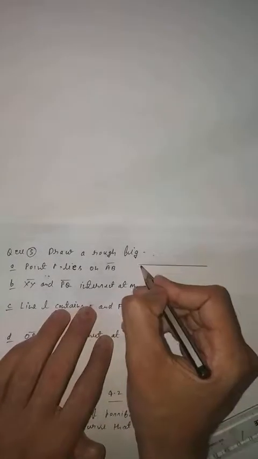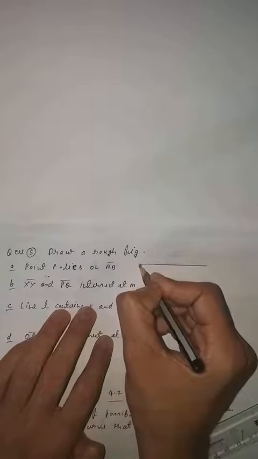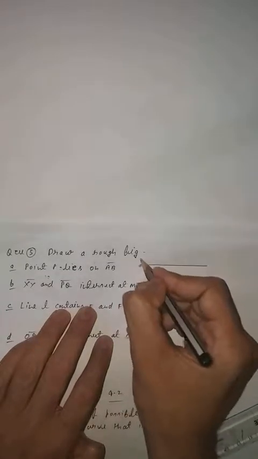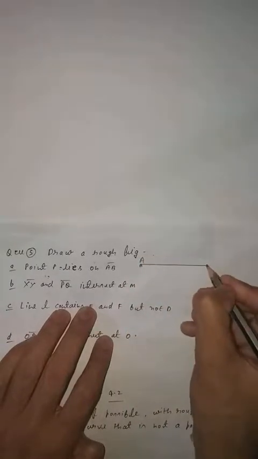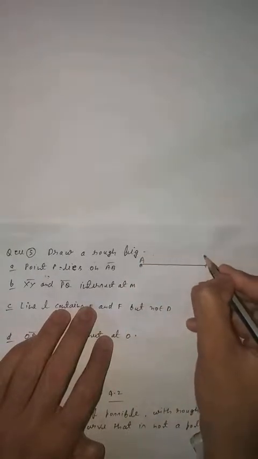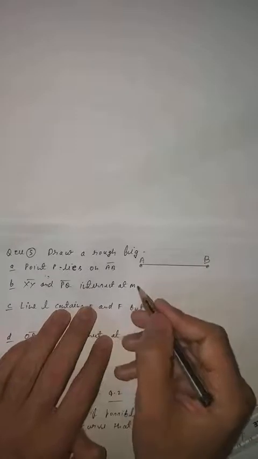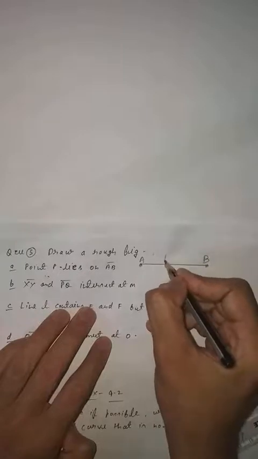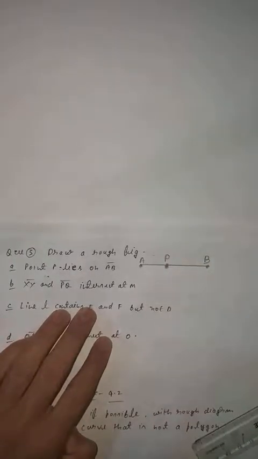Now point P lies on AB. So mark this one as A, this one as B. What is given? Point P lies on. So on means you can write it anywhere, only on the line. So this is your P. Clear, students?